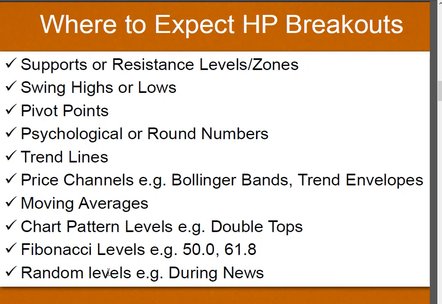In this case, if news items are coming out, news releases or announcements on interest rates, on NFP or others, the market can easily start breaking out of a level and you'll be very surprised. You might look around and see no support, no resistance, no pivot point, but you see some breakout that is a bit strange. Those could be random levels.